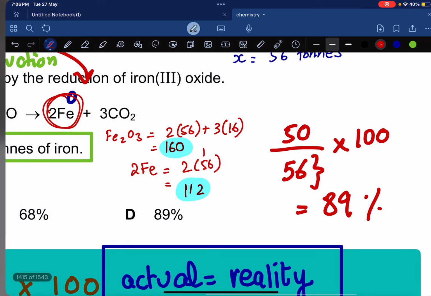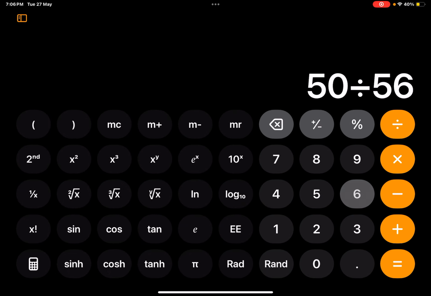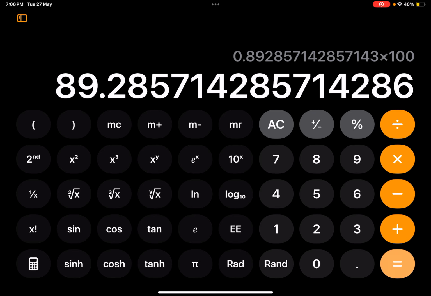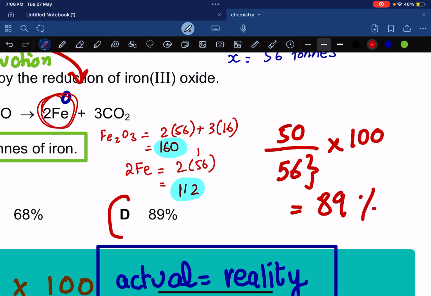Let's confirm it: 50 divided by 56 times 100 gives me 89. So my answer should be 89%.